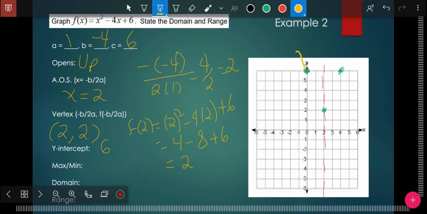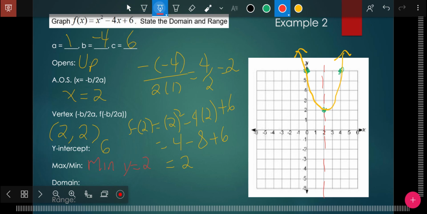And then I go ahead and draw my U shape. Does that mean that this down here is a maximum or minimum value? Hopefully you said it was a minimum at y equals 2.